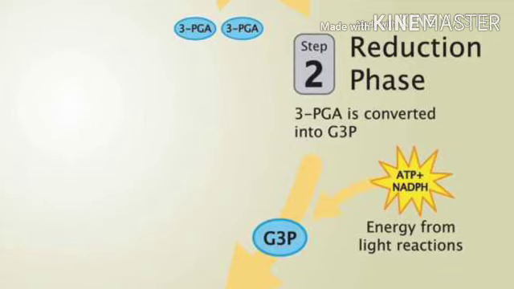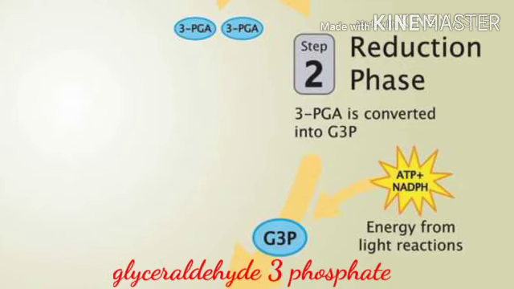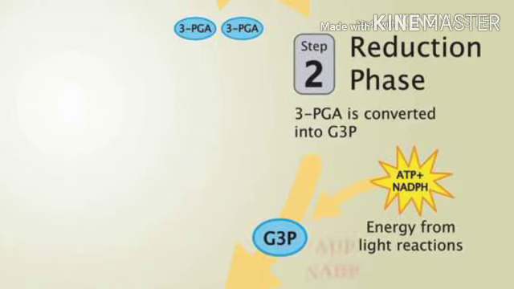The 2 molecules of 3-phosphoglycerate are converted into 2 glyceraldehyde 3-phosphate, or triose phosphate. In this reaction, 2 ATP and 2 NADPH molecules are used. This is a reduction process. You can see the addition of hydrogen from NADPH to the 3-phosphoglycerate to reduce it to glyceraldehyde 3-phosphate.